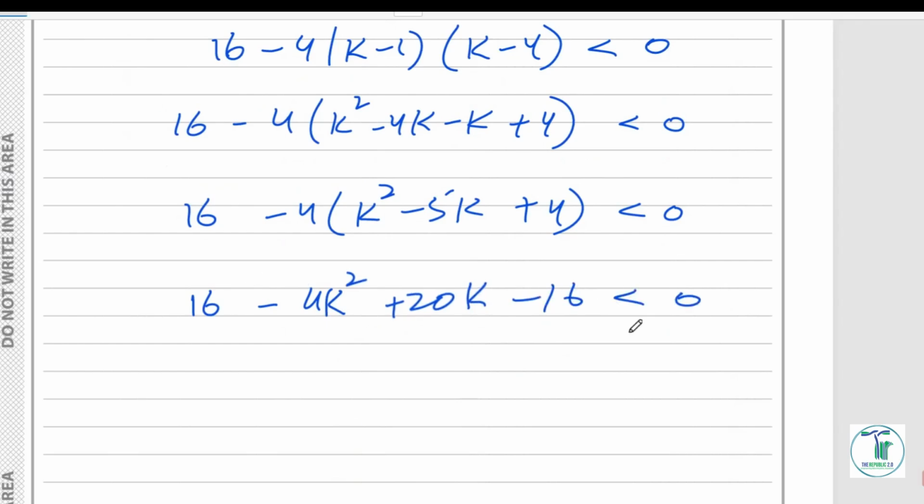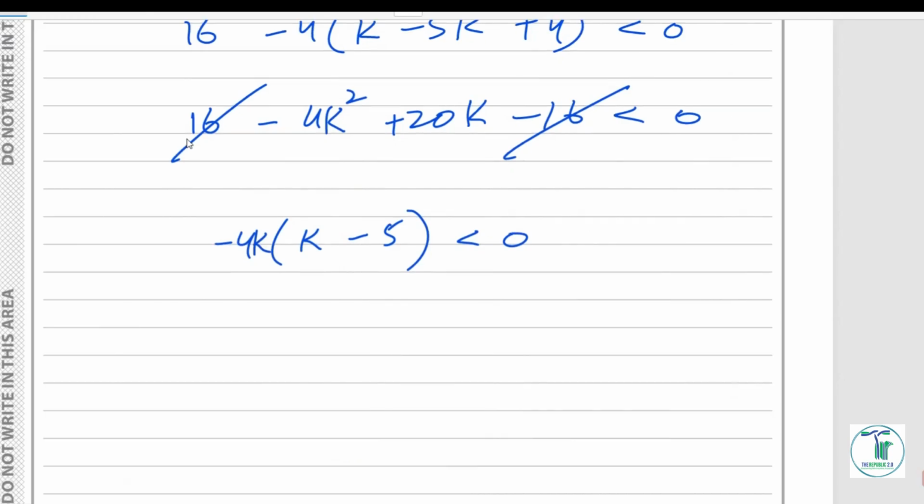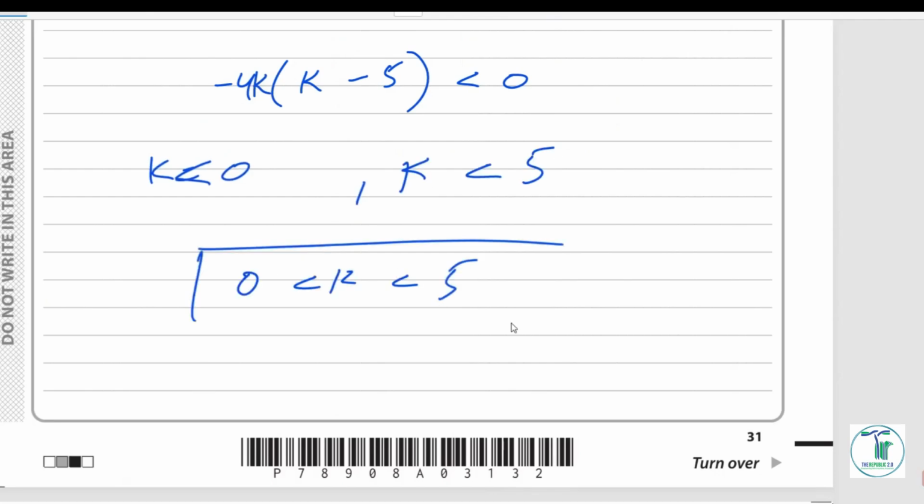This 16 and this 16 would get cancelled out, and you can have negative 4k as common. So you'll be left with negative 4k times (k minus 5) less than 0. So from here onwards, your k must be 0 or your k must be 5. So 0 to 5 are the possible values of k, and that is what we've been looking for.